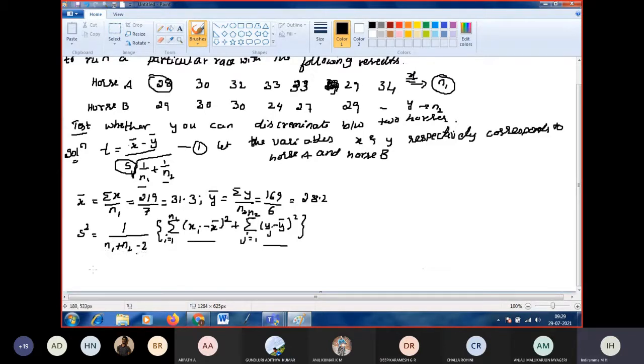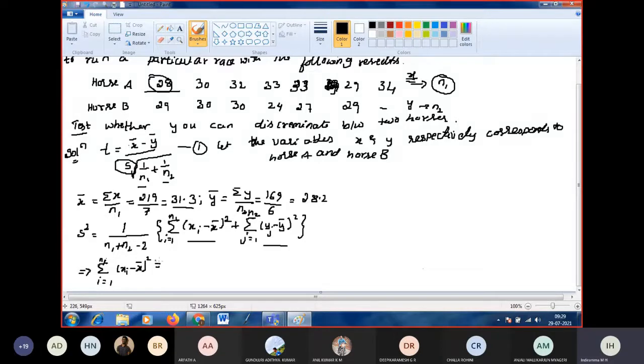Now we have to find the value of summation i from 1 to n1 of (xi minus x bar) whole square. Here xi means these values x1, x2, x3, x4, x5, x6, x7, and x bar is 31.3.